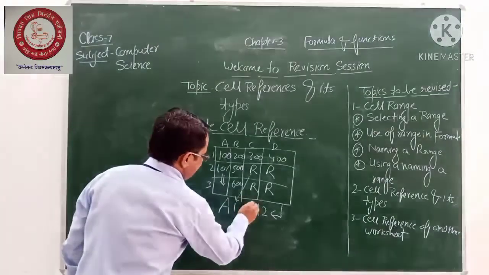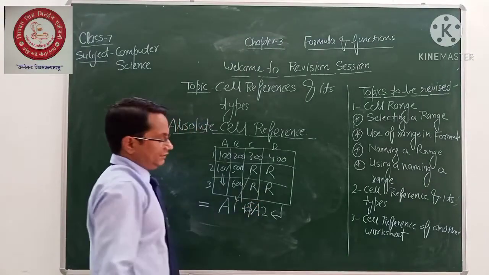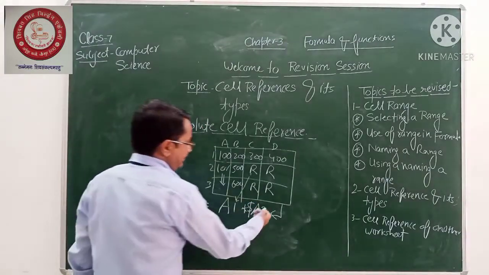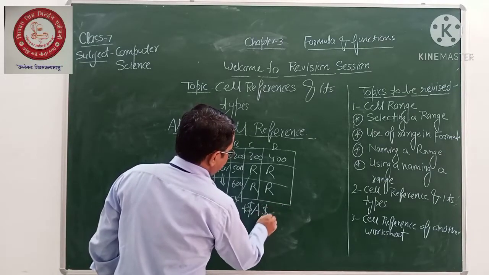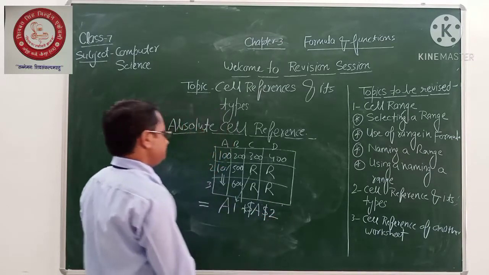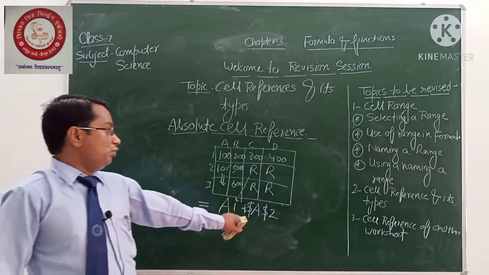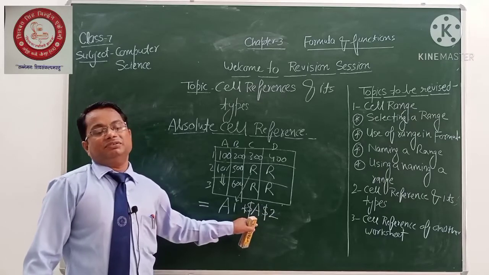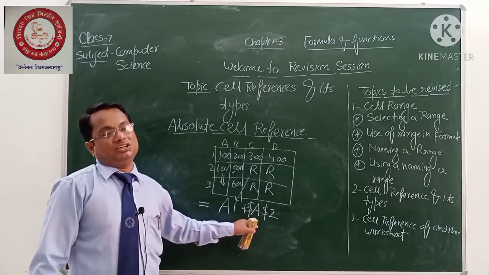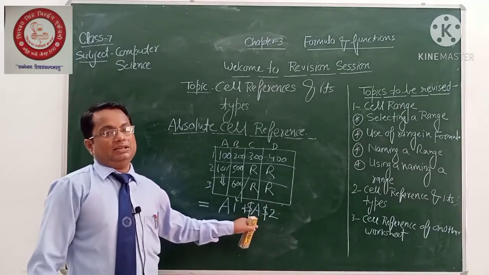What I do here, I will put a $ sign before the 1 here, and one more, you also have to put a $ sign. Now here, whatever the column name is there, whatever the row number is there, now if you drag down, it never changes.